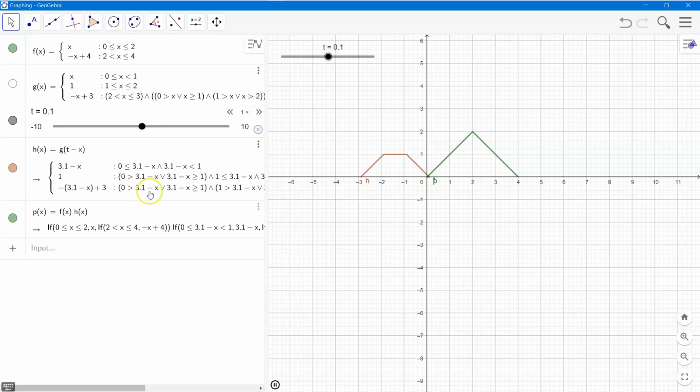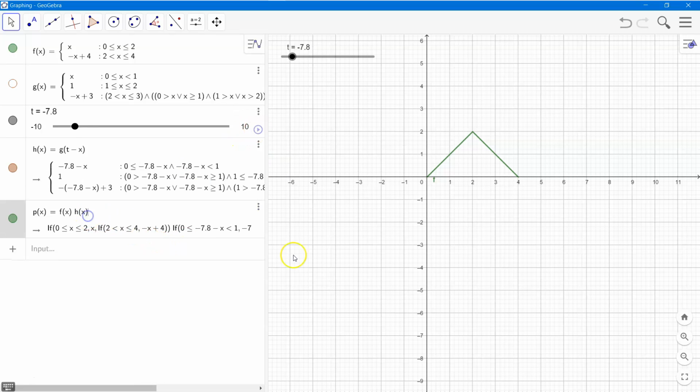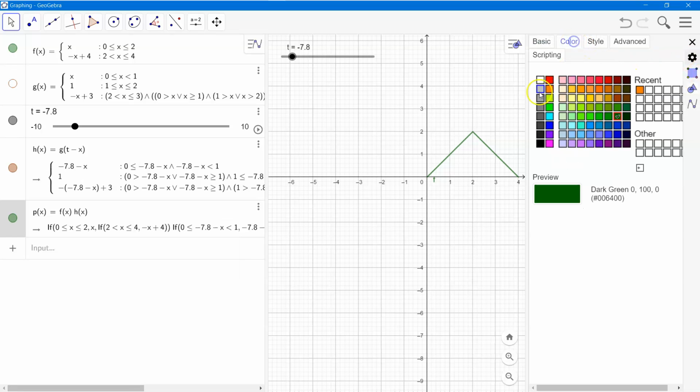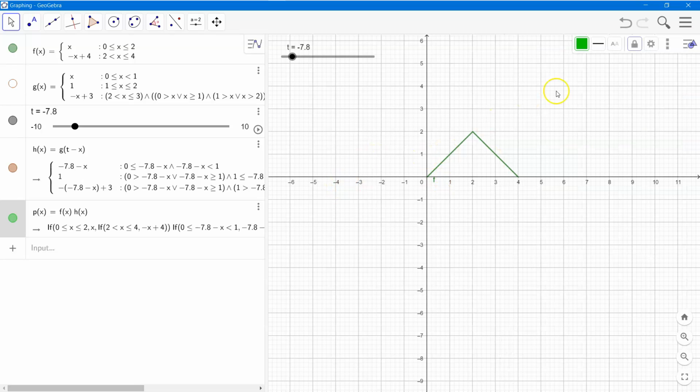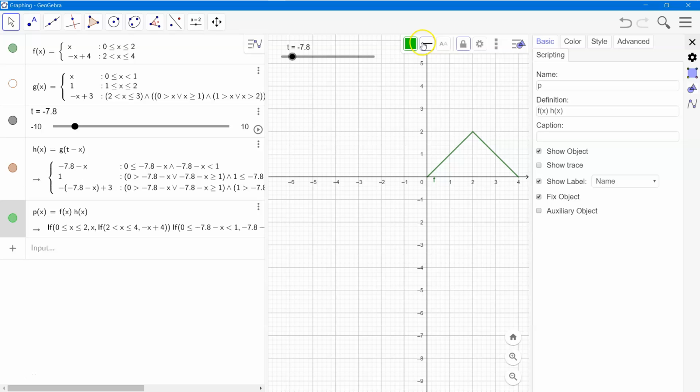Again, just so that you can clearly see it, I will change the color of this. I don't know why it is not using different colors. So let's say this is green. No, green is already used. Okay, here itself I have.